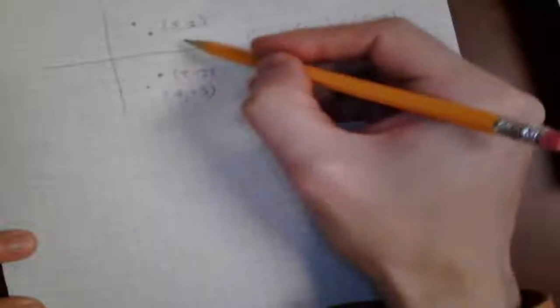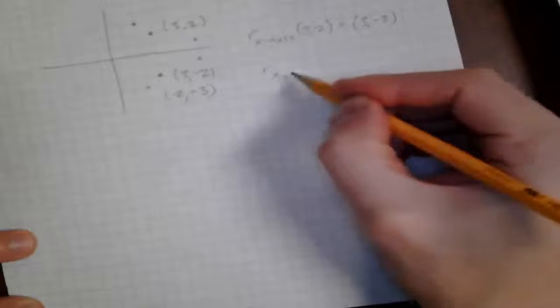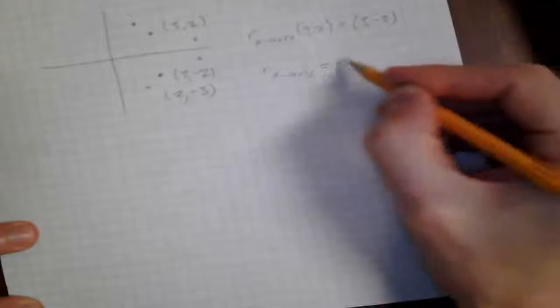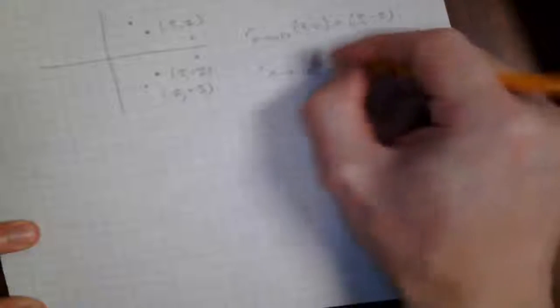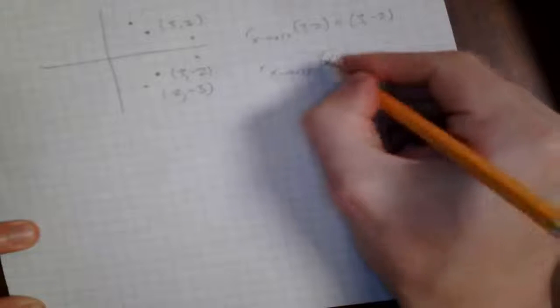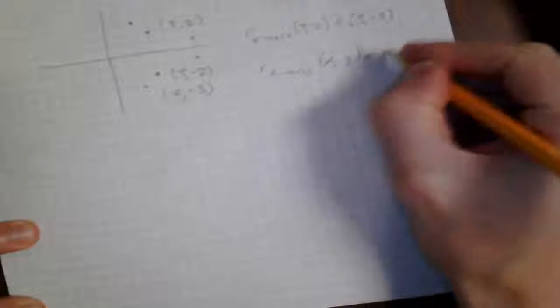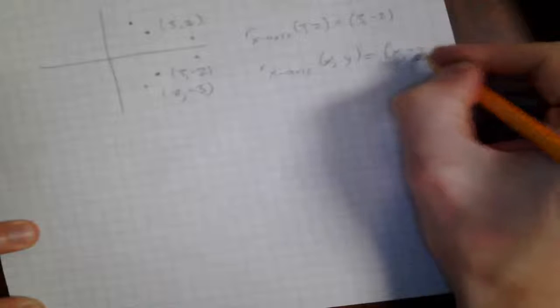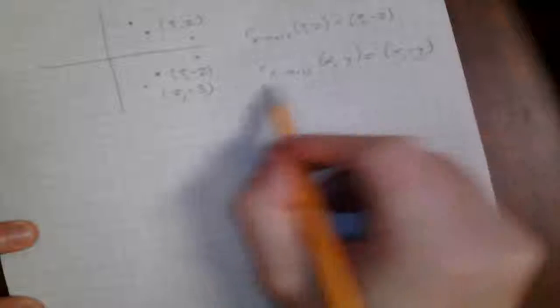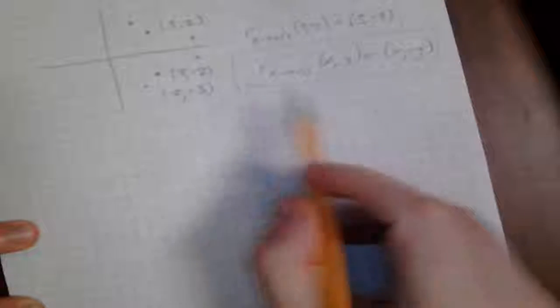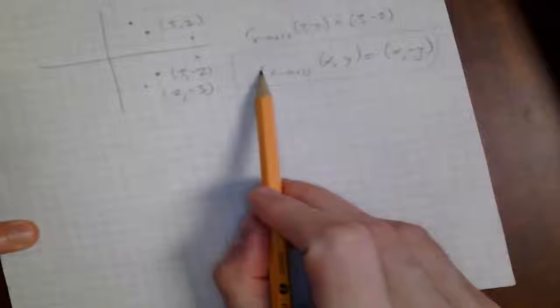And if you did a lot, then you would see that every time you reflect across the x-axis, your starting point changes from whatever the x, y is into x, comma, negative y. Okay, so this is the notation that we're using to show that a reflection across the x-axis happens.